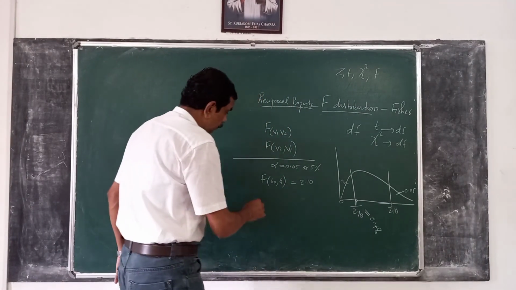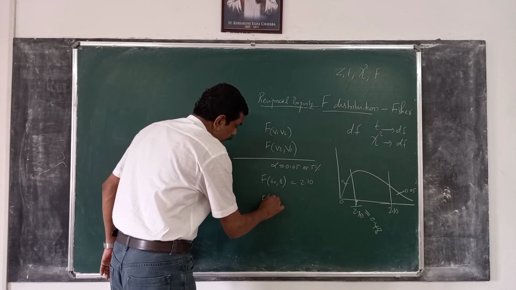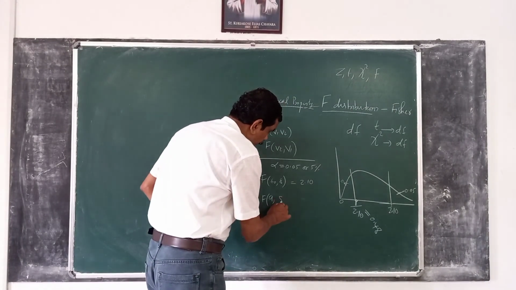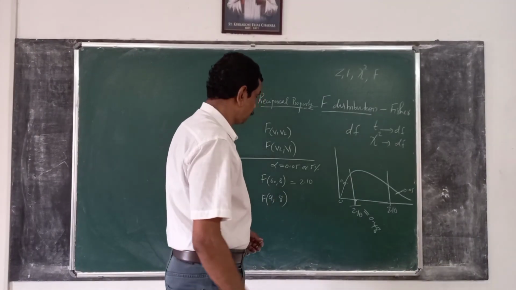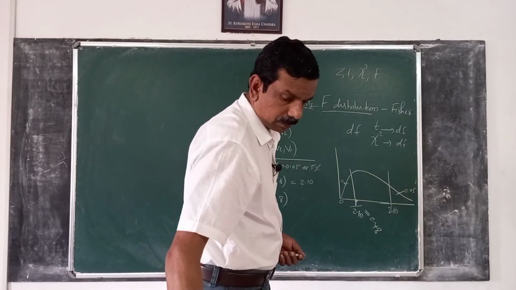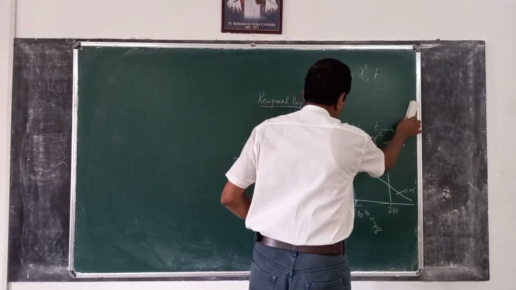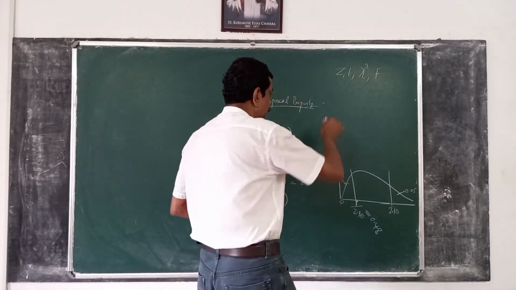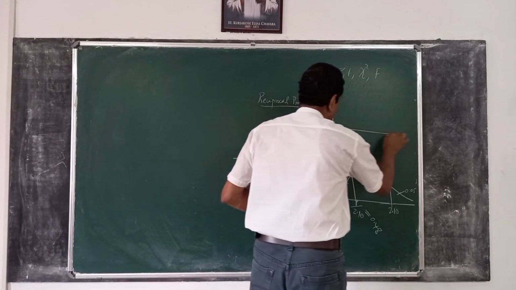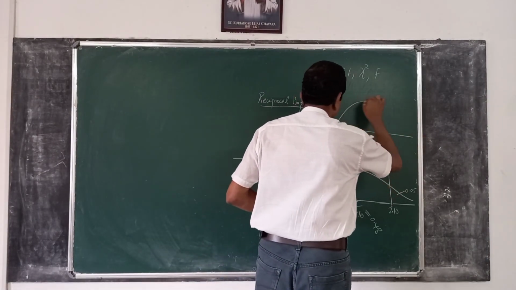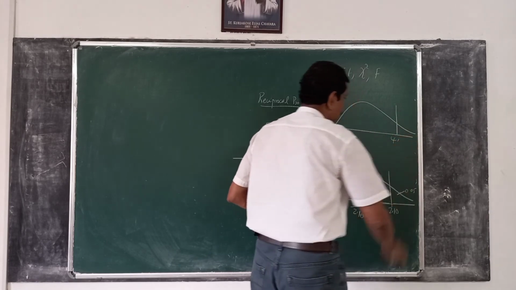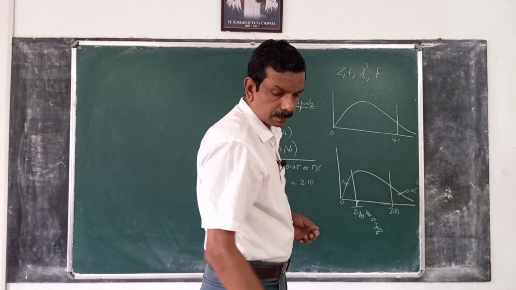Consider another case, F 9 and 8. In this case, 95% of F is between 0 and 4.36.